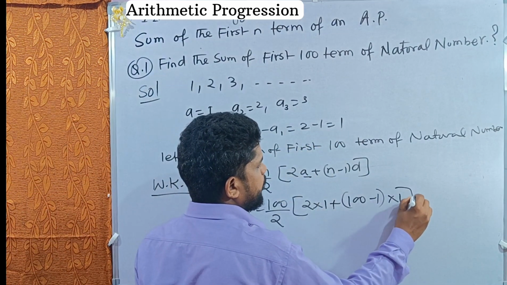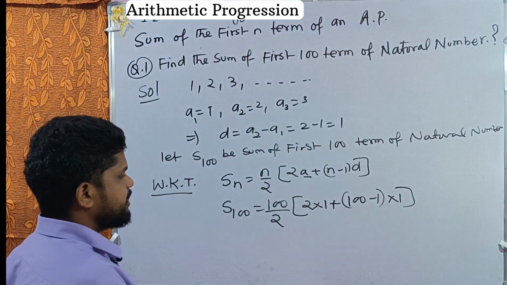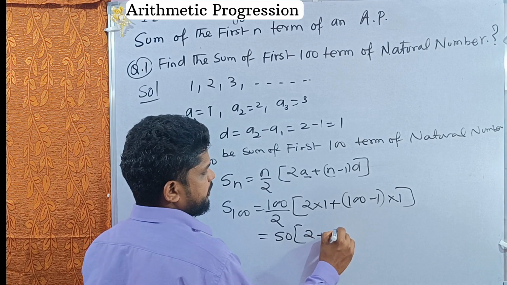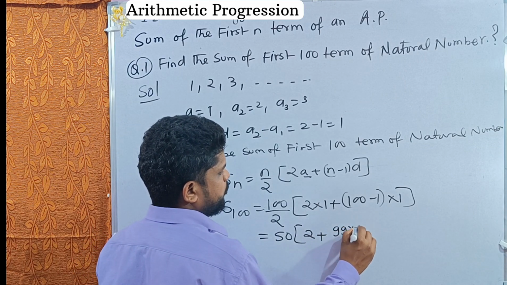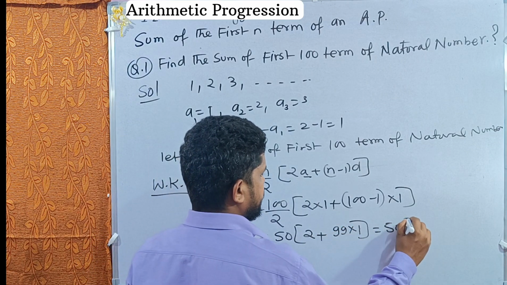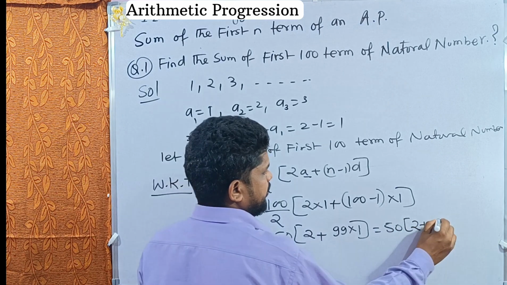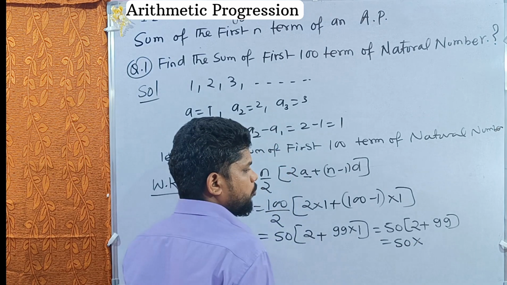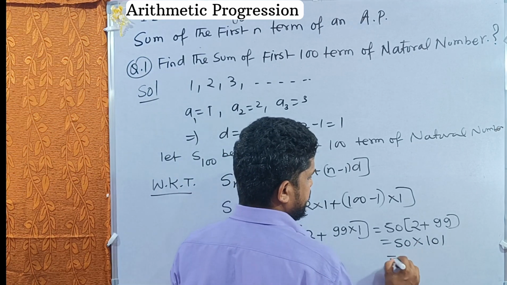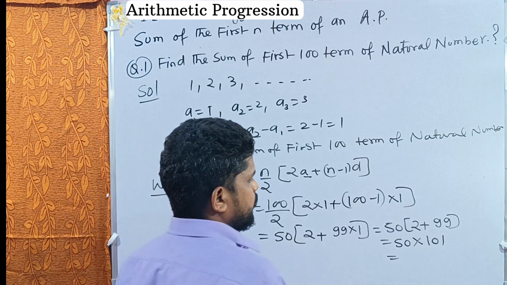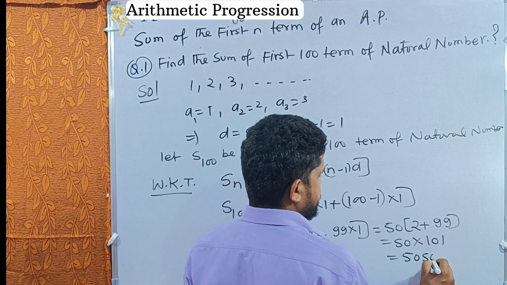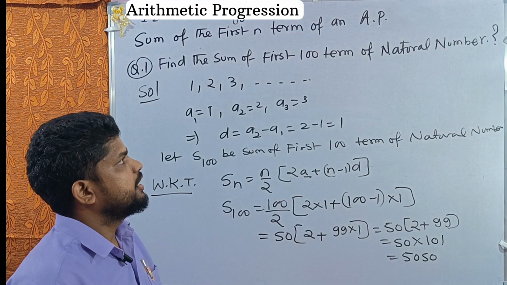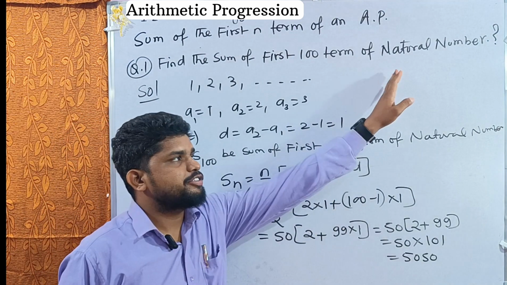Putting the values and solving, we get 50 times (2 plus 99 into 1), which is 50 into 101, and this is 5050.